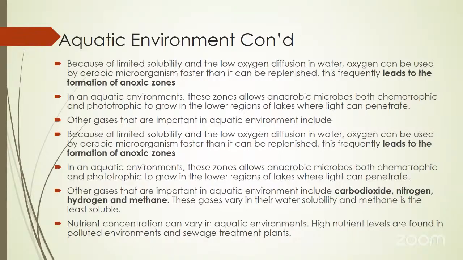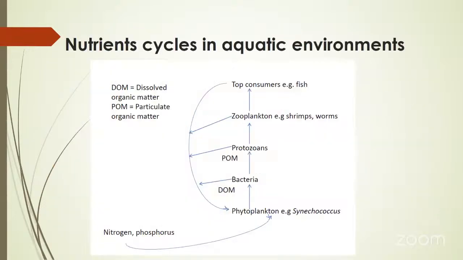But when the oxygen is depleted and there is no circulation, an anoxic zone is formed, leading to the growth of anaerobes within that zone. This is an example of what goes on in the water environment, how nutrients are circulated in aquatic environments.